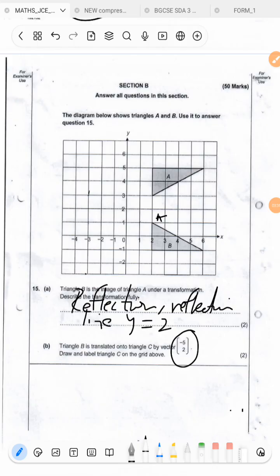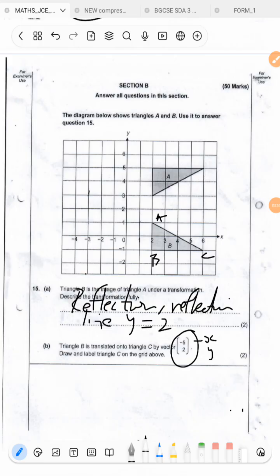We'll label this as A, B, C, so that we can keep track of our points. We're at point A. -5 means we are moving in the x-axis direction, and the 2 represents the y.